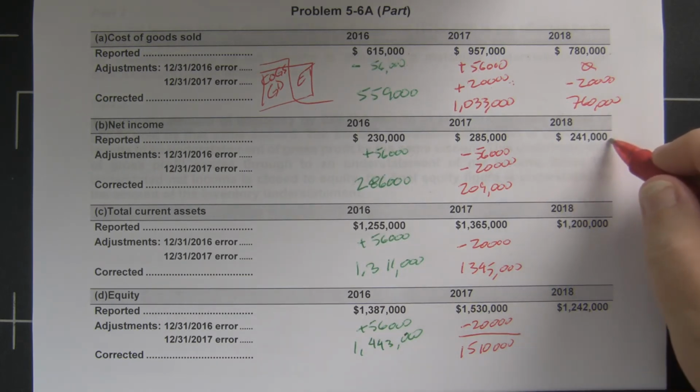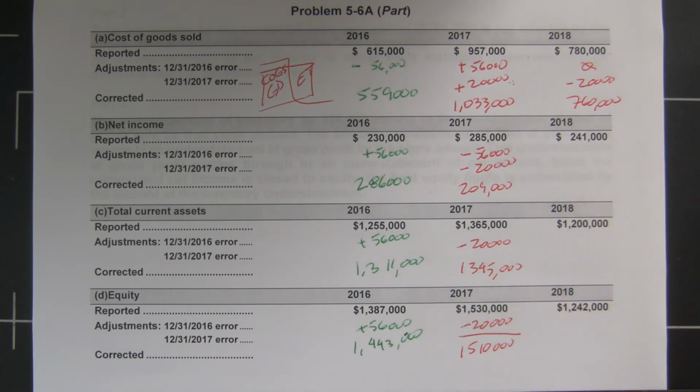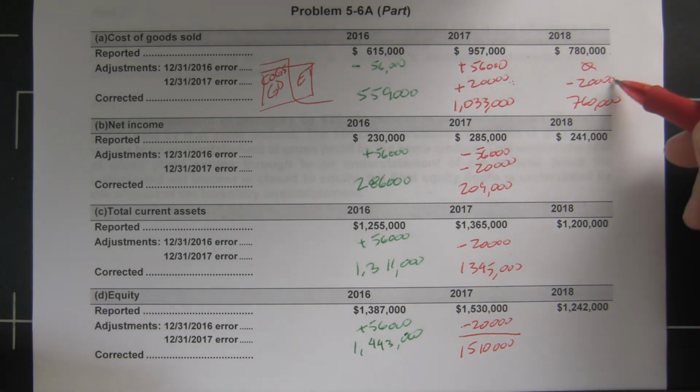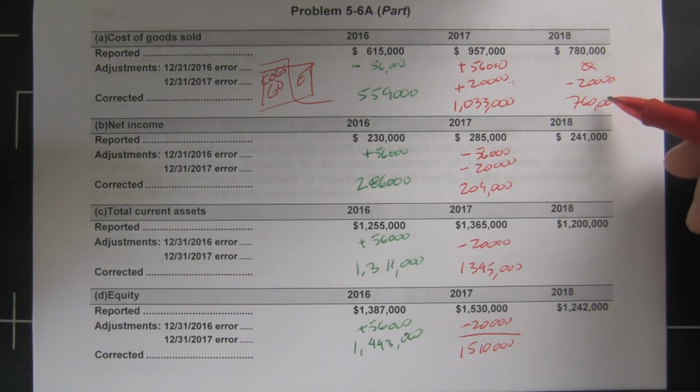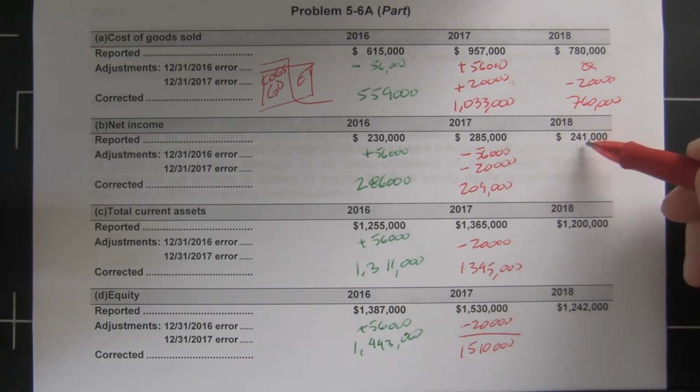Now let's take a look at 2018 for income. We reported 241, but income and inventory travel in the same direction. We have to remove that extra $20,000. We took it out up here, so we have to put it back in for 18 because we had $20,000 more.